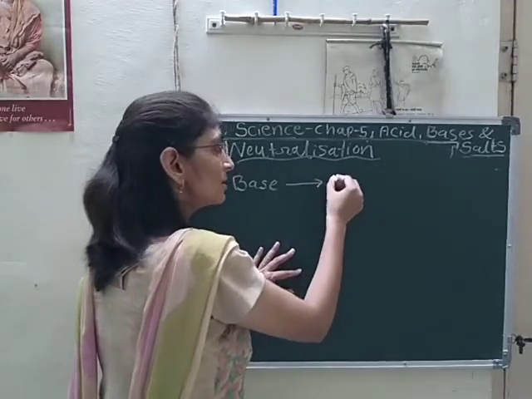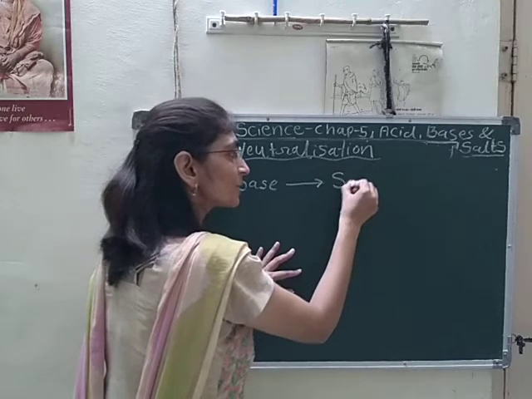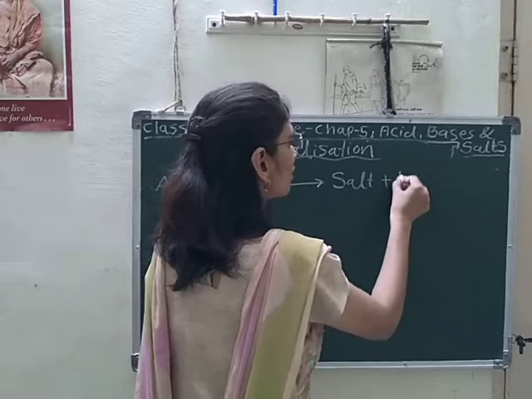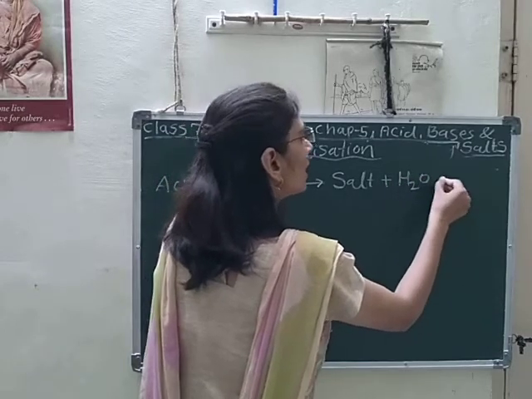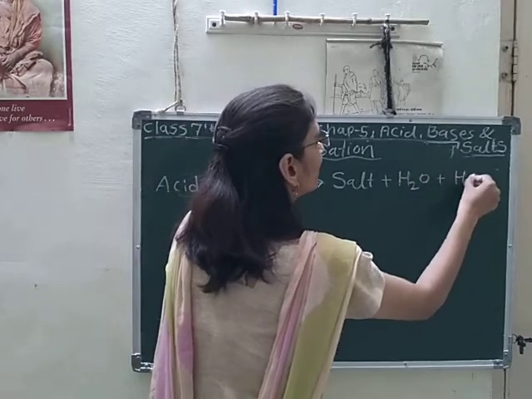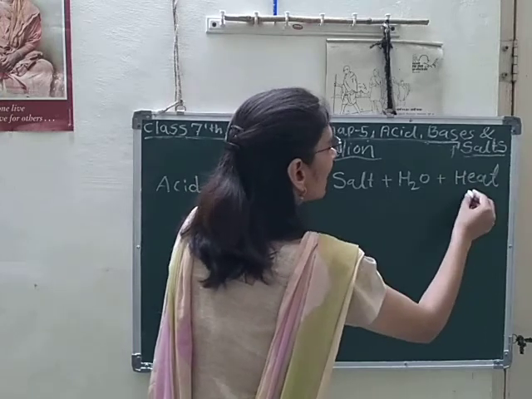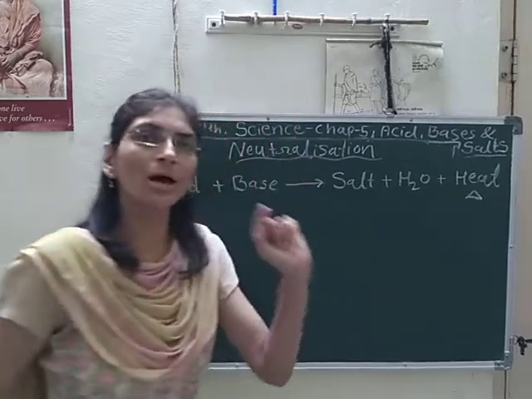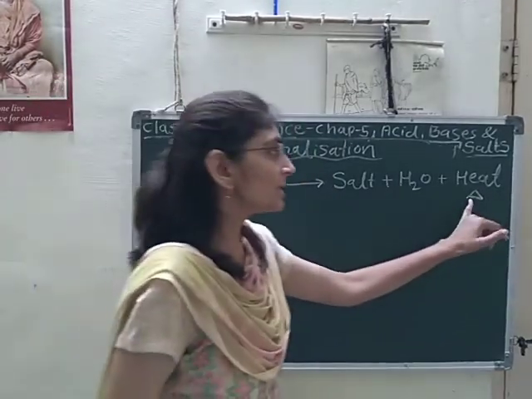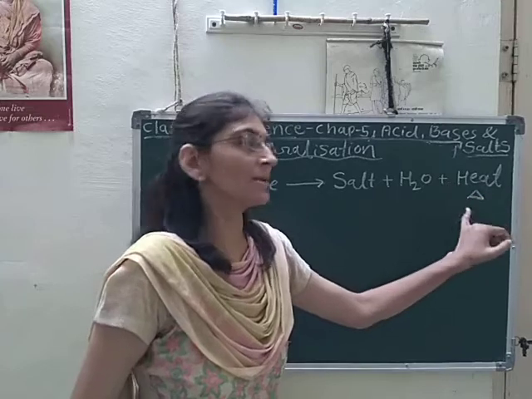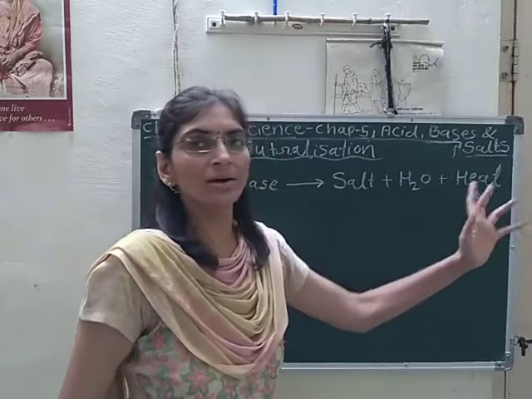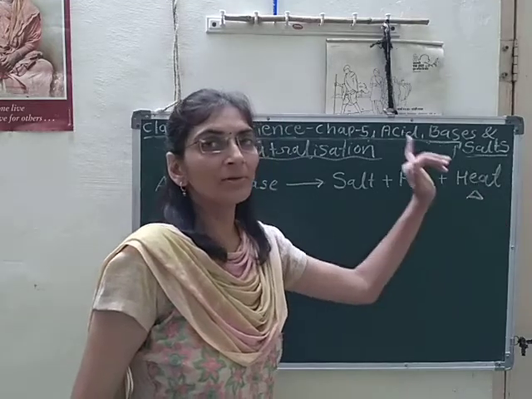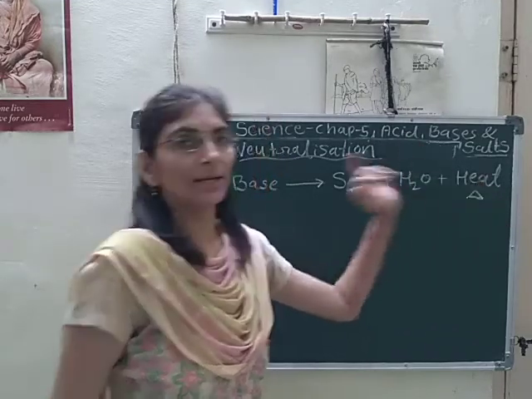There will be the formation of salt, or a neutral substance, and formation of water with the evolution of heat, and that heat is denoted by the small triangular symbol. This is the symbol of heat in chemistry. The small triangle is not an ordinary triangle, but a sign of heat here.